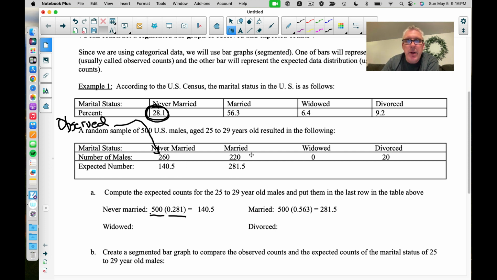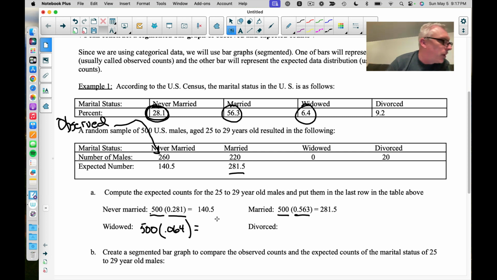Okay, married. This would take our 500 people in the sample. I would expect 56.3% of them. Change it to a decimal, multiply it out. Boom. There's 281.5. Now, if I did widowed, I'd have 500 people in the sample times the percentage, 0.064.